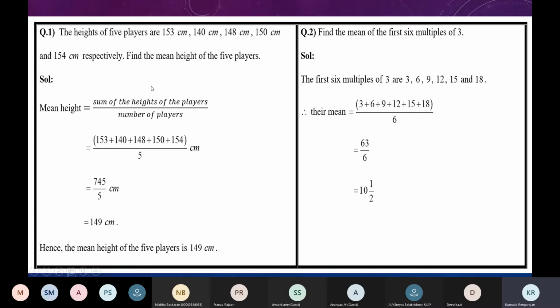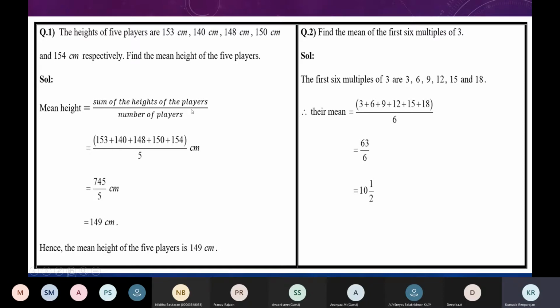You can just modify the formula according to the situation. Mean is the sum of all observations by the number of observations. So here the observations are the heights of the players.